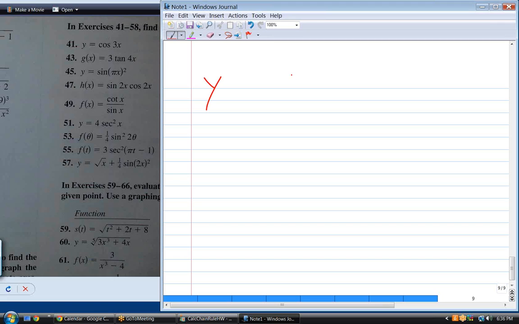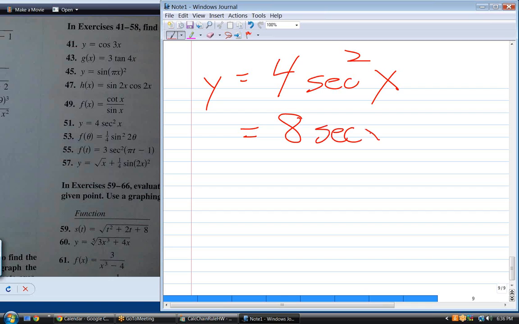How about 51? Would be 8 secant x, or secant times tangent.